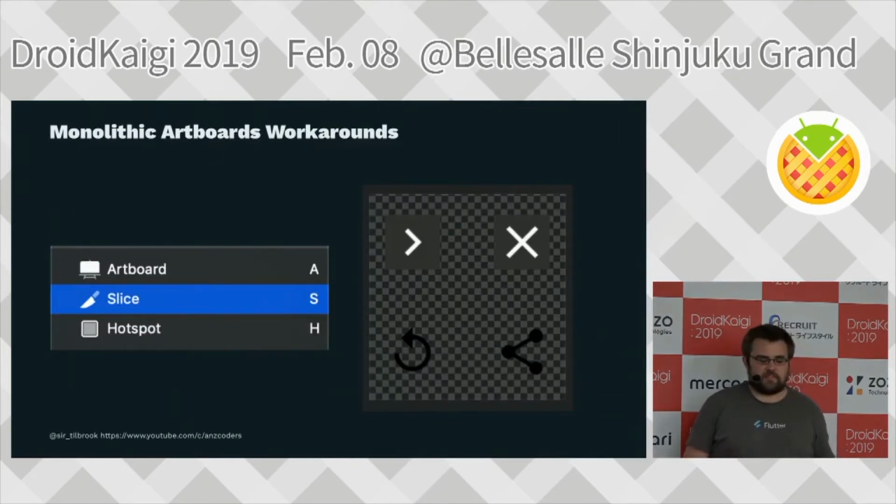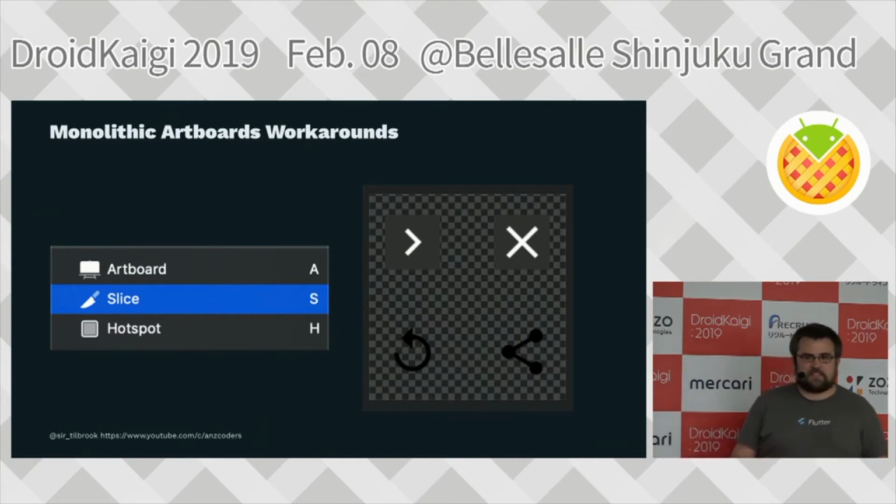You just ask your designers to use a slice, and a slice will give you a slice of that artboard, painting everything in the artboard relative to the viewport that the slice exposes. So in this case, I can just slice over 4 other icons in my monolithic artboard and export them all. Now they'll all be exported relative to that slice. Maybe not the most practical example, but it gives you an idea that you can start to export in a way that's specific to the requirements of the Android team.